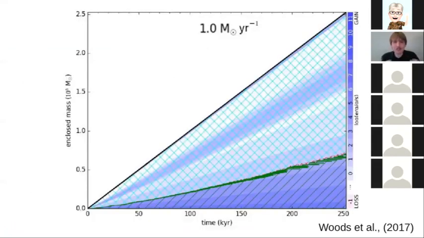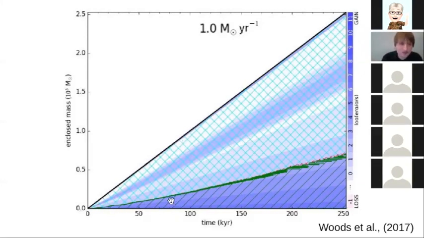So here's a Kippenhahn diagram of what one of these objects looks like. If you haven't seen a Kippenhahn diagram before, essentially it's a series of snapshots over time, across the enclosed mass, of what's going on within your mass shells at each point in time. With the green single hashes here, this is the thermally relaxed convective core, the part of the star that looks most like our naive polytropic models.